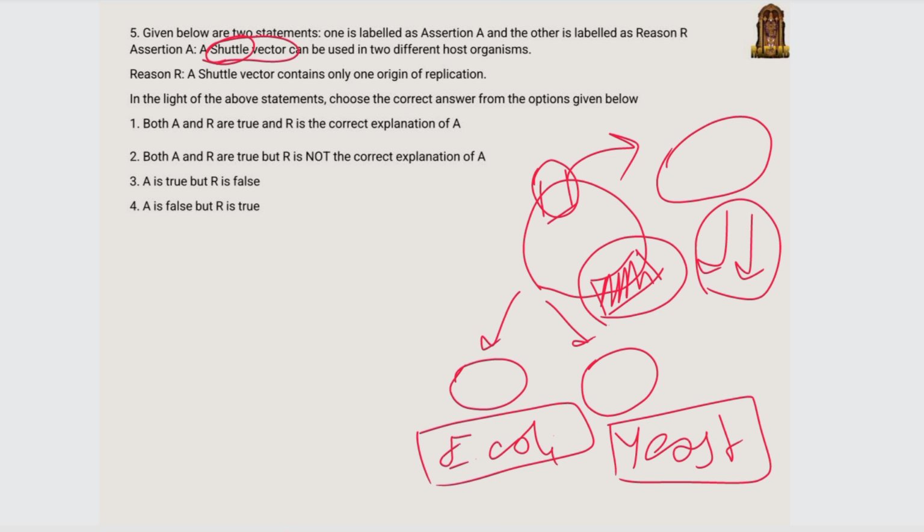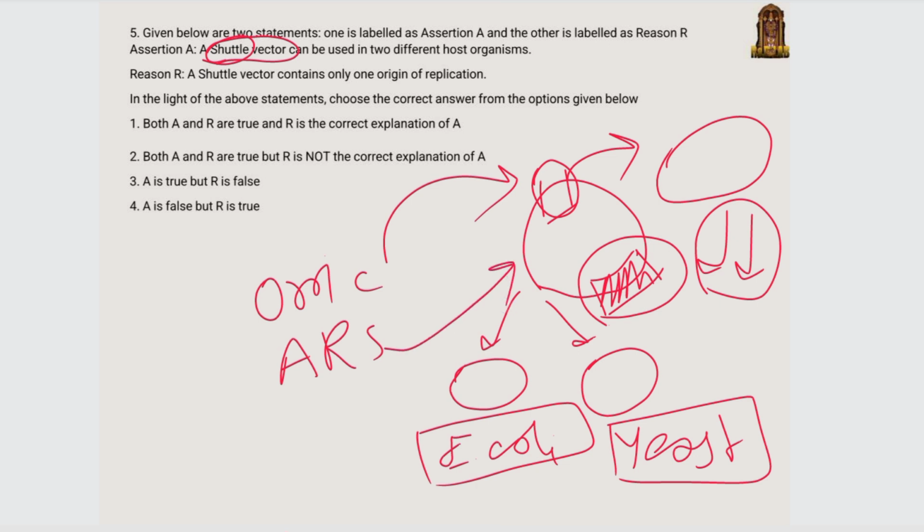For E. coli, the replication site is the ori. The ori should be there in the construction, and the ARS, the autonomous replication sequence of the yeast, should also be there. So both the sites should be there, so the replication machinery for E. coli can sense this site, and the yeast machinery can sense that site. So both the sites should be included in the construction to make it a shuttle vector.